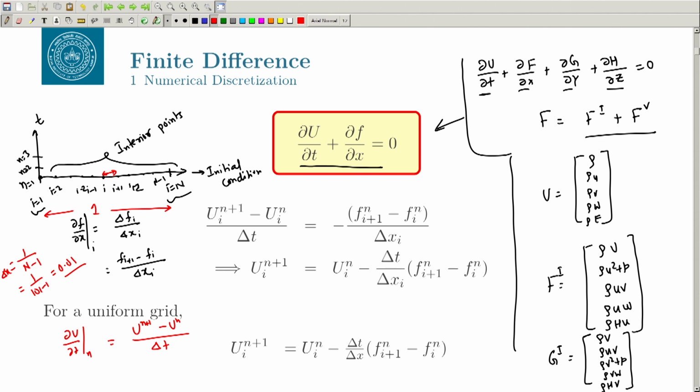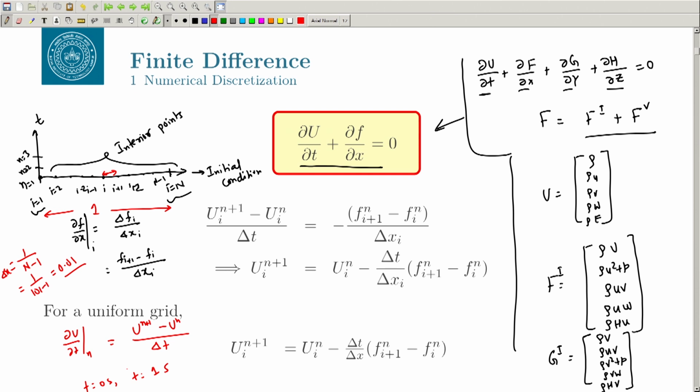Similarly, you can have, let us say you want to go from time t equal to 0 to t equal to 1 second. Now, you cannot go directly from 0 to 1 second. If you try to jump from the initial condition to the final condition directly, your solution will blow up or be very inaccurate.